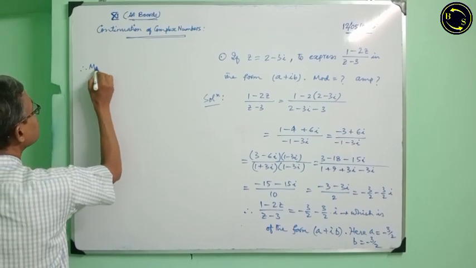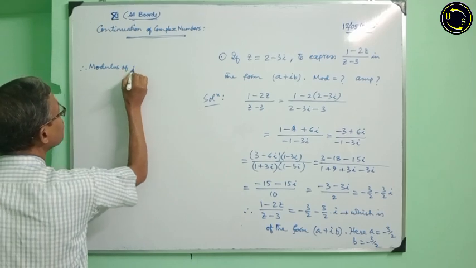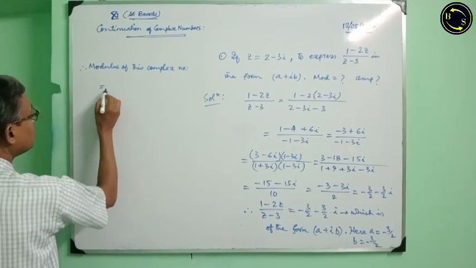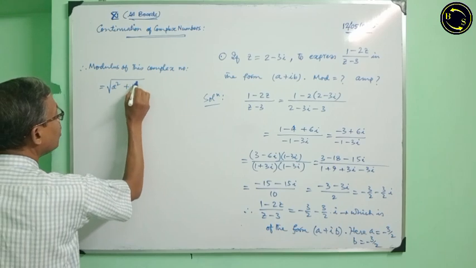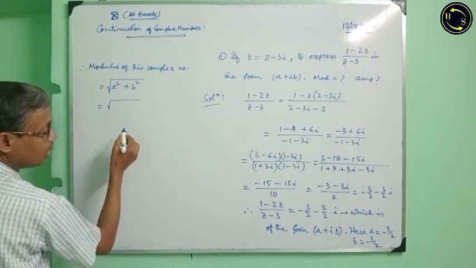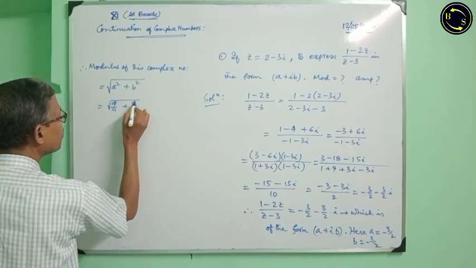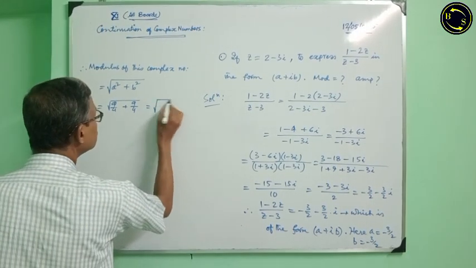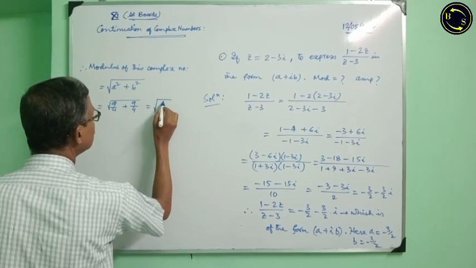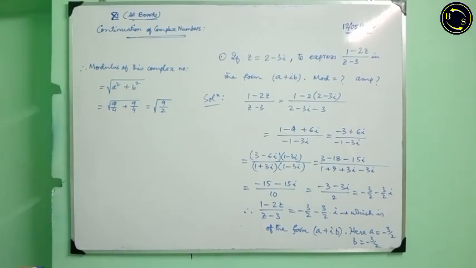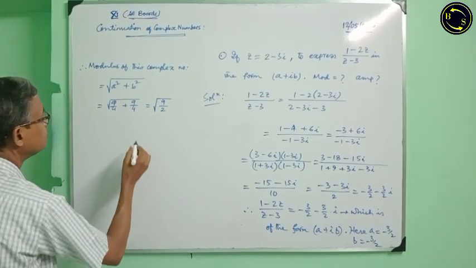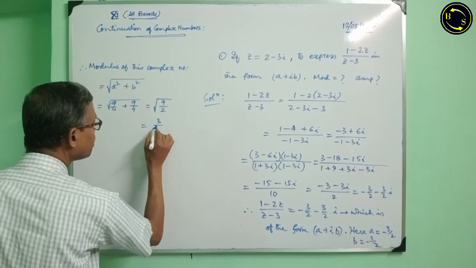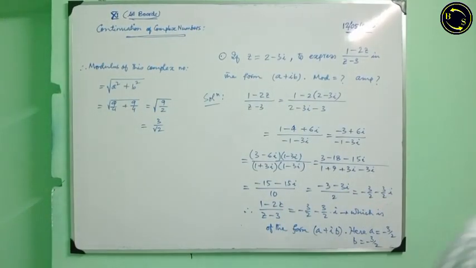Therefore, the modulus of this complex number is equal to root over 9 by 4 plus 9 by 4, that means root over 9 by 2, that will be 3 by root 2. 3 by root 2, that is the modulus.